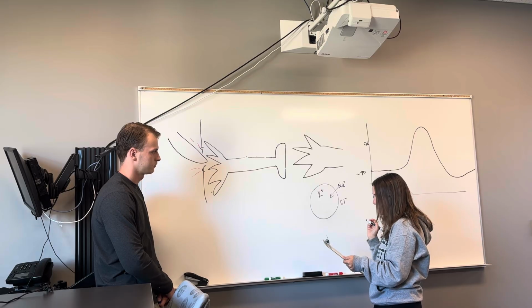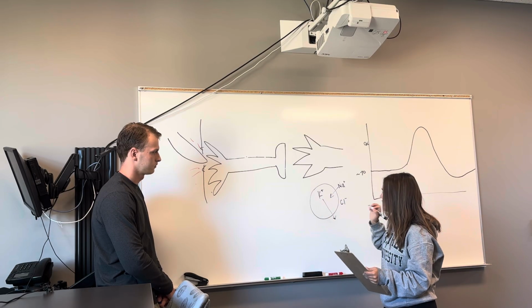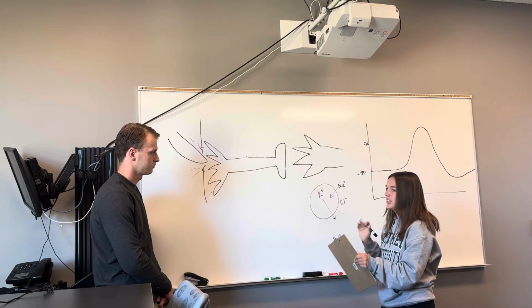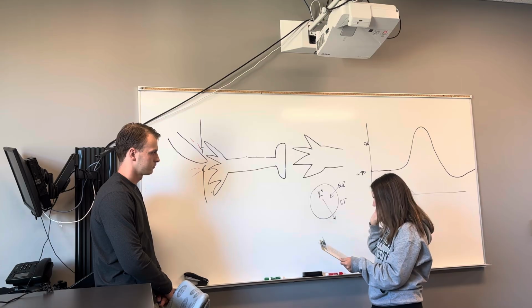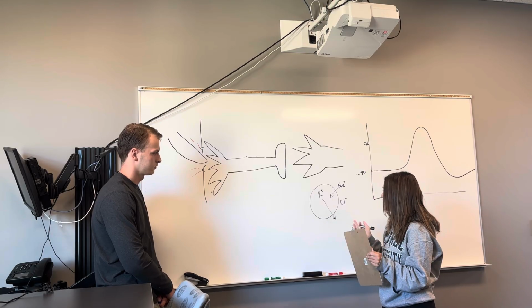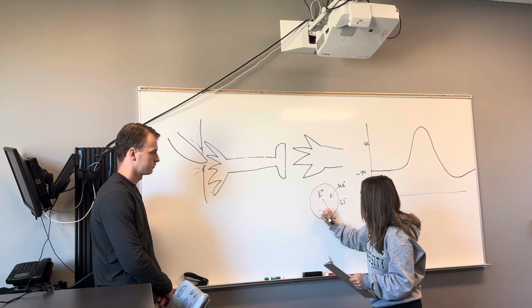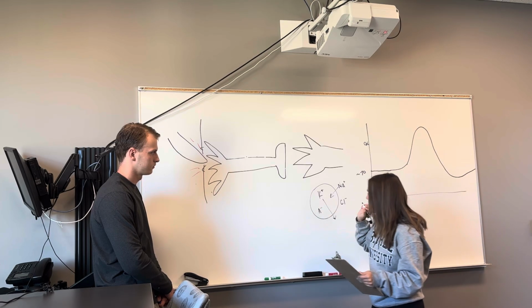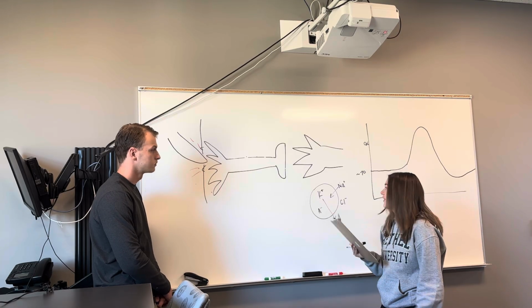And then potassium has a small drive out of the cell based off of its gradient, but it kind of wants to stay in voltage-wise. And then chlorine kind of just stays where it is. It's canceled out gradient-wise and voltage-wise. And then also inside the cell, you have some anions, which are too big to leave the cell. They kind of just are stuck in there.